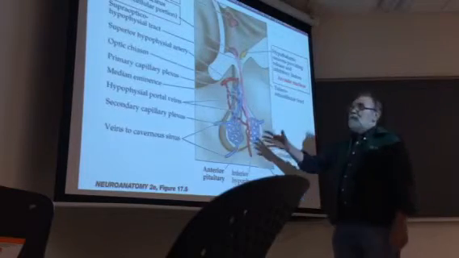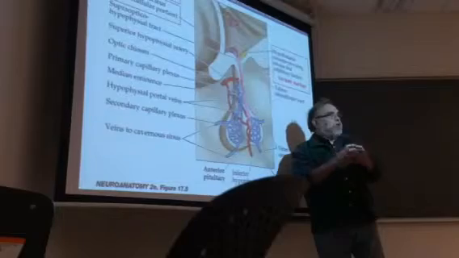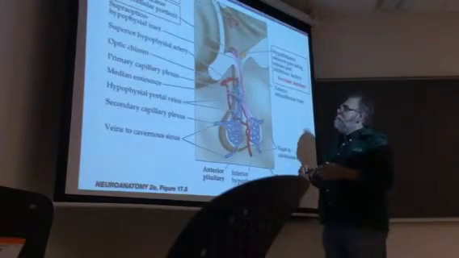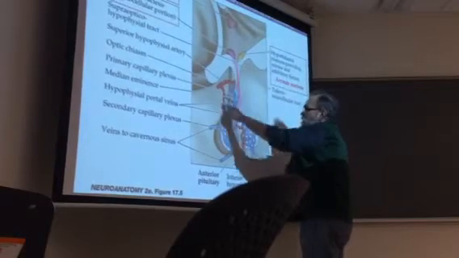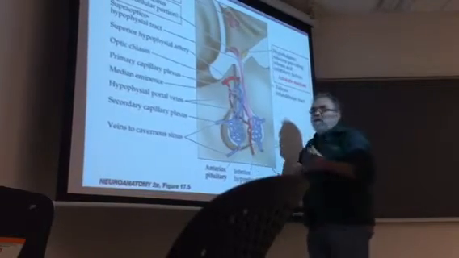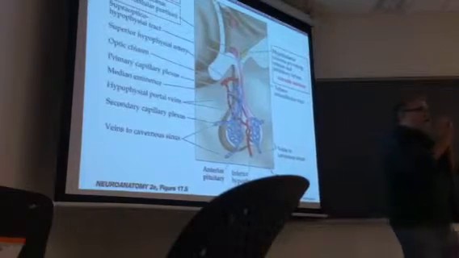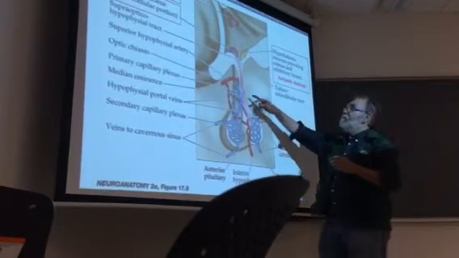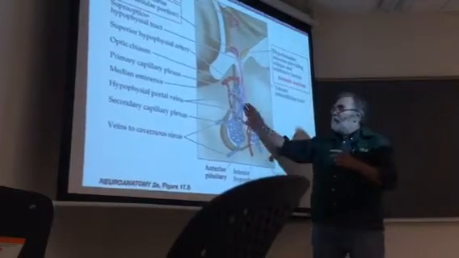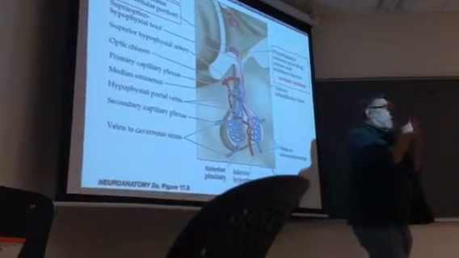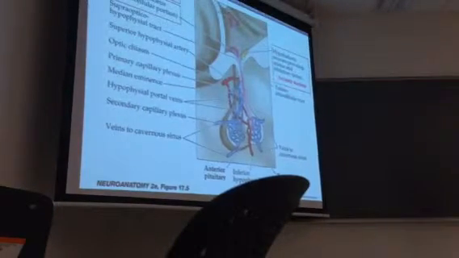I like this figure a lot. This figure really summarizes what goes on with the pituitary. This glob here is glandular. It is only loosely attached to the infundibulum and the posterior pituitary, but it is liberally surrounded and penetrated by a rich vascular supply.